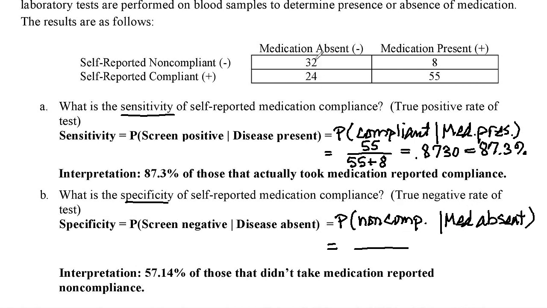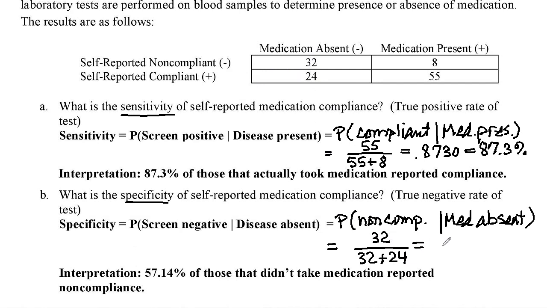Medication was absent in this column, 32 plus 24. Out of this column, how many said they were non-compliant? That's the 32, first row. So 32 out of 32 plus 24.